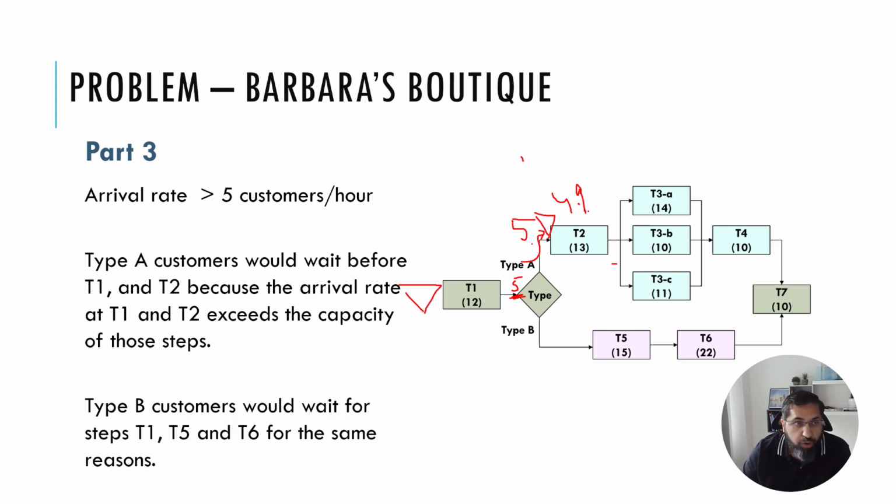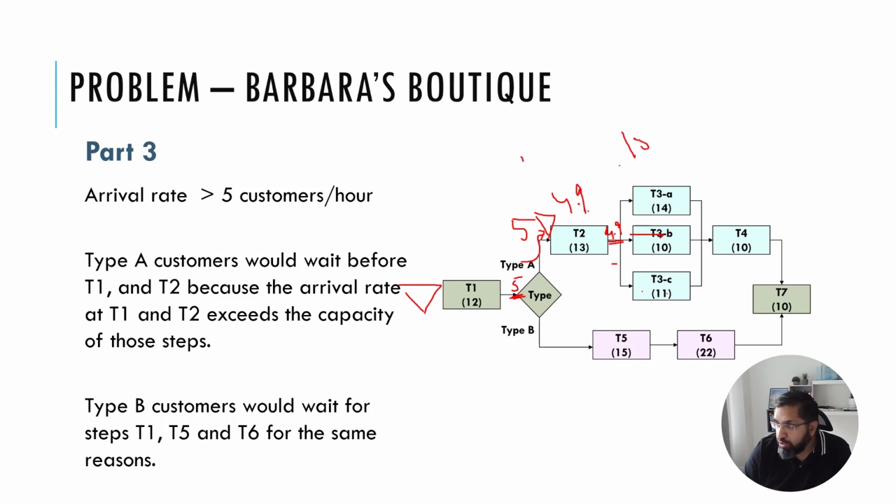Whenever the load on a process step, or the demand for that step, is more than what it can handle, a queue will start to form outside it. Now after T2, the output of T2 will be 4.9 customers per hour going into step T3.